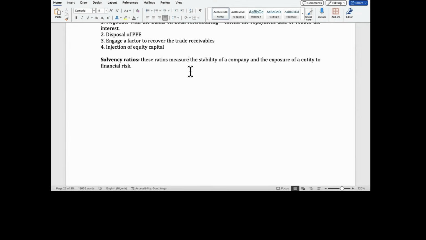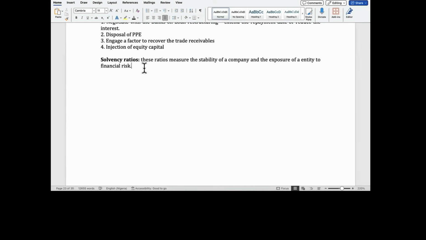When we say financial risk, it should have the potential inability to pay back long-term debt, or just debt.